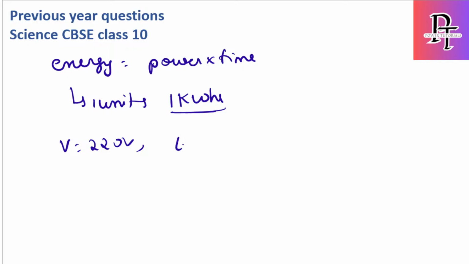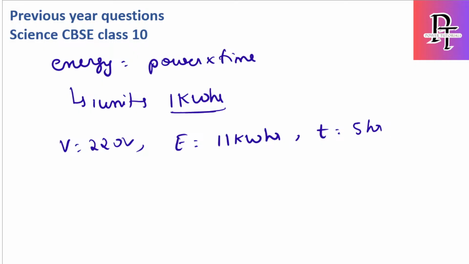So E, that is energy, is equal to 11 into 1 kilowatt, which is 11 kilowatt hour. So this is energy. And what is the time they have provided? Time is equal to 5 hours. Okay, we have voltage, we have energy, we have time, and then we'll see what you need to find.